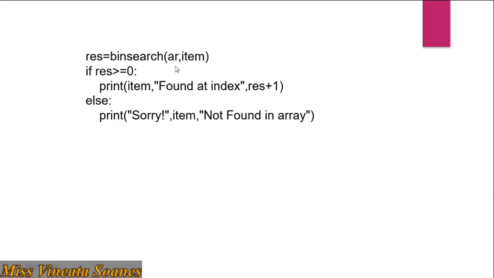So anything zero or above is within the range of the index, which means mid has returned. So you just print that item found at that index. If you want to print the position, you can make it res plus 1, else just res. Res gives you the exact index number, but plus 1 gives you the position. Else it will print sorry, item not found in array.